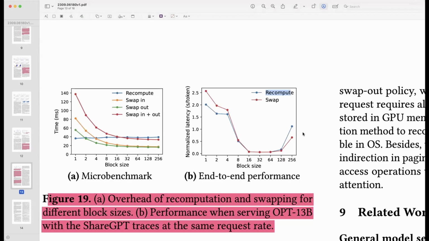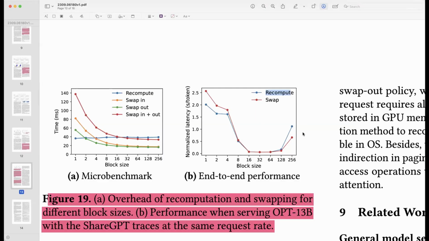Yeah, go ahead, sorry. I didn't understand the overhead. So, for example, if the overhead is going to be fixed, whether you're doing it for the smaller block size or the bigger block size, then if the overhead is X for the smaller block size and Y for the bigger block size, Y is going to be much smaller than X, so X plus Y is very close to X. But here, in the first diagram, the time in milliseconds is 140 for block size of 1, and for 256 it's all the way dropping to 20.